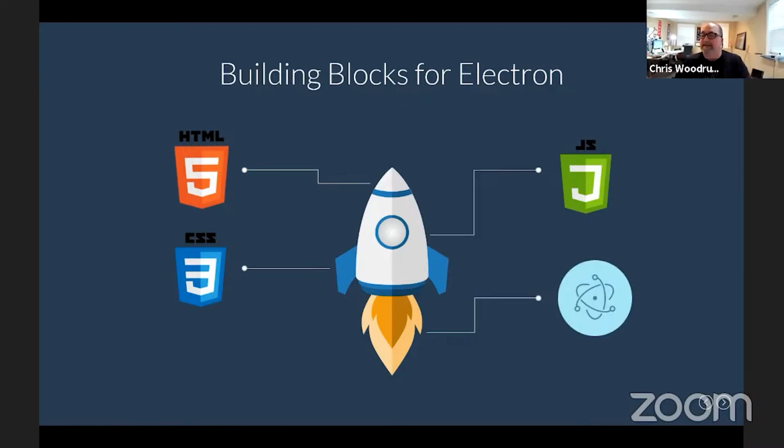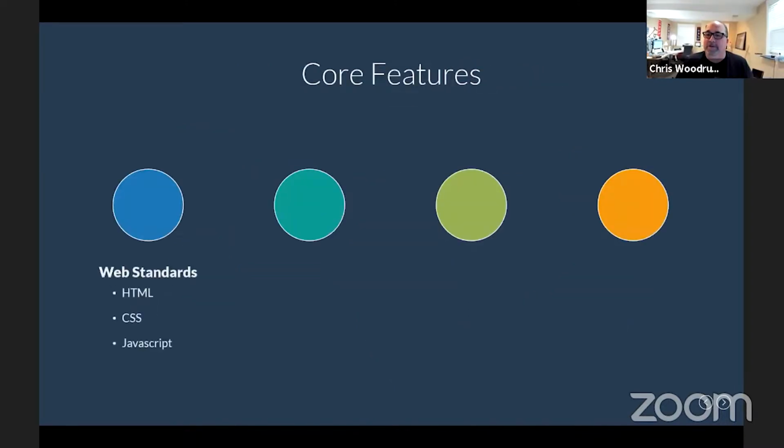And the last is that we're going to use the Electron Framework. The Electron Framework is built with Node, and the core features are web standard. So anything that you can build with HTML, CSS, and JavaScript, you can host inside the Electron frame, as I call it.